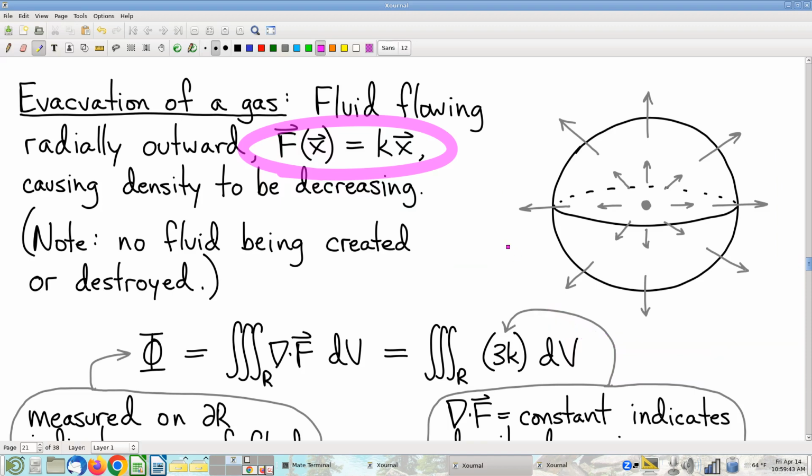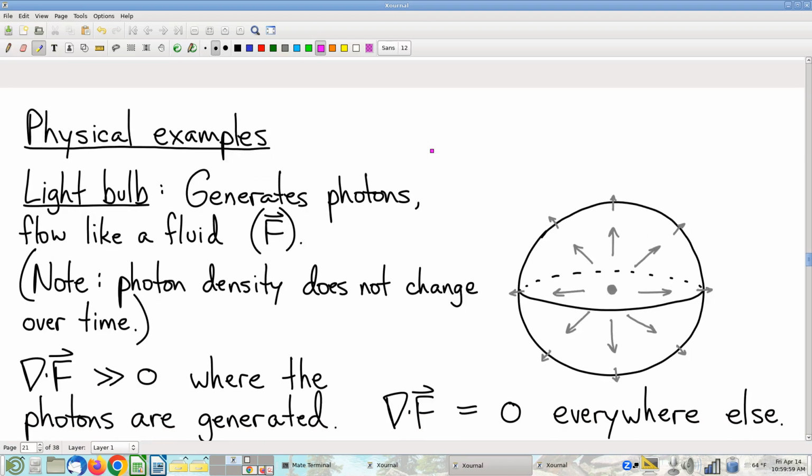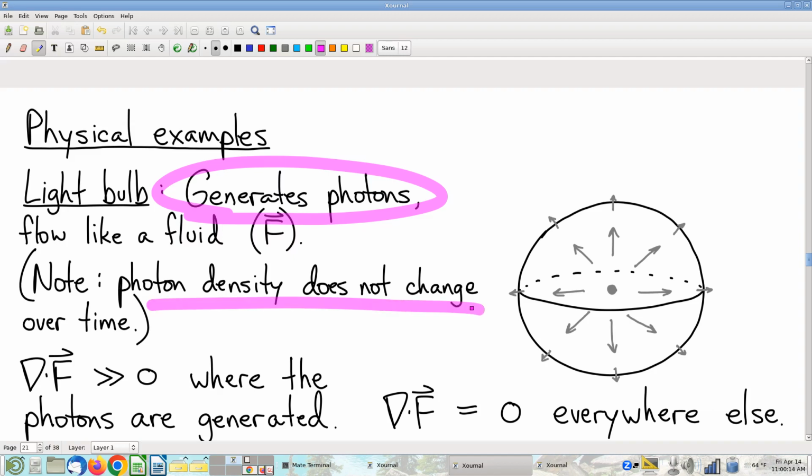Okay. All right. So this is a different vector field, a different physical scenario, and I want to point out some pretty significant distinctions between this physical scenario where I have a gas flowing outward versus the scenario where I have photons flowing outward. The big distinction: the photons are being generated. We're literally making more photons all the time, but the density is constant.